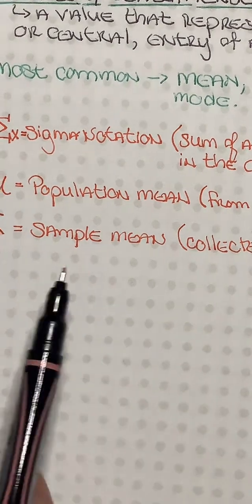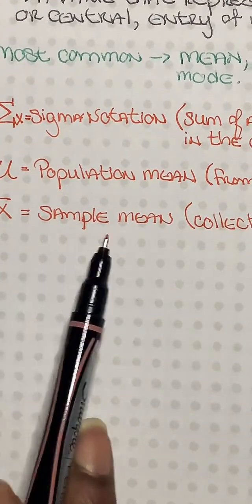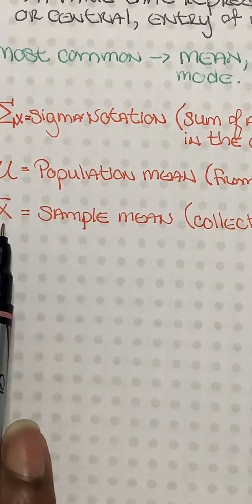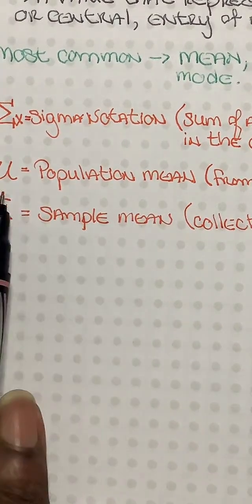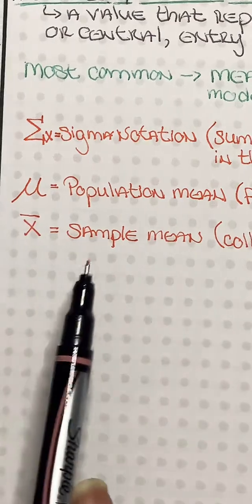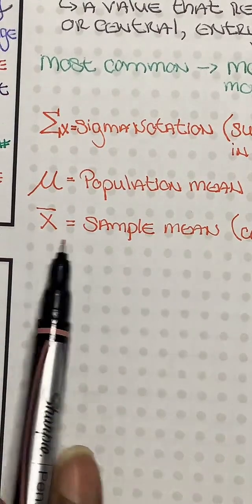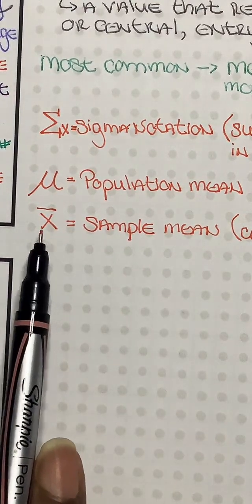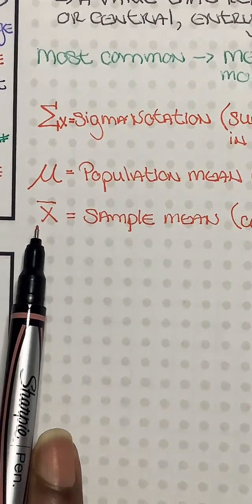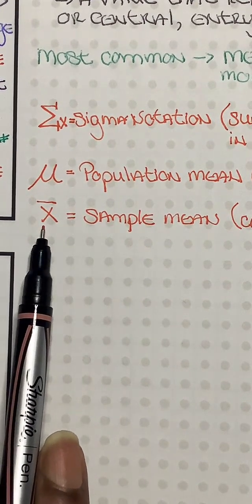Now, if I wanted to find the mean of the population, we're using mu. If I wanted to find the mean of the sample, this is what you're going to see a lot of in Algebra 1 and Algebra 2, okay?